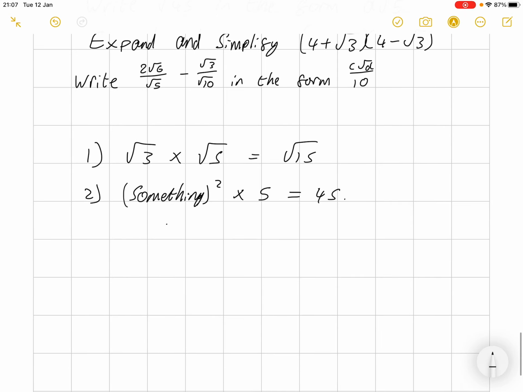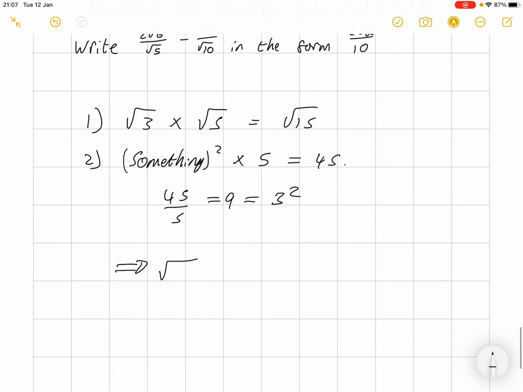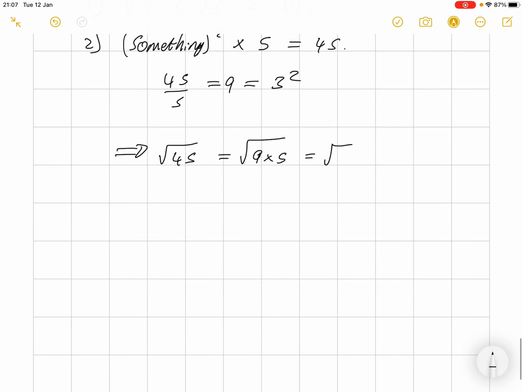So 45 divided by 5 is equal to 9, and thankfully this is equal to 3 squared. So this implies that the square root of 45 is equal to the square root of 9 times 5, which again we can split up into the square root of 9 times the square root of 5.